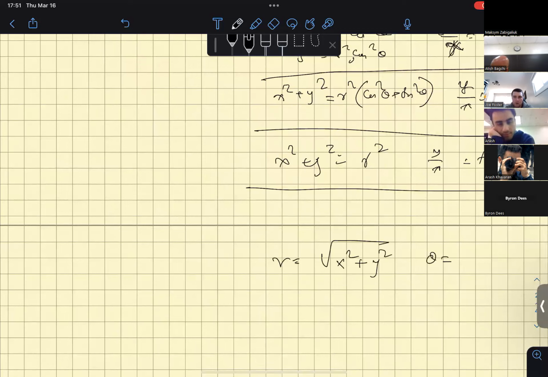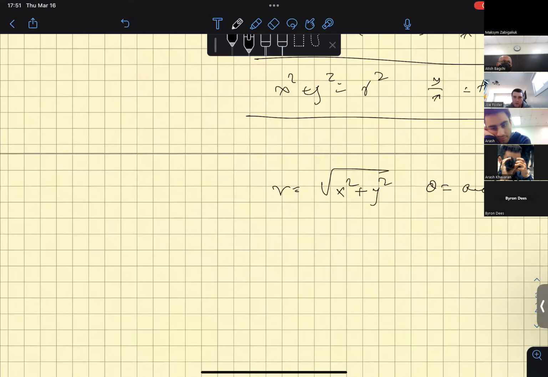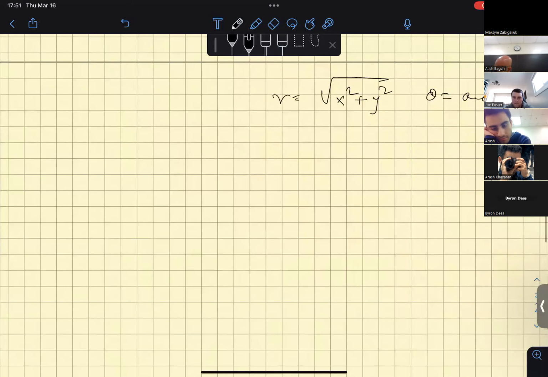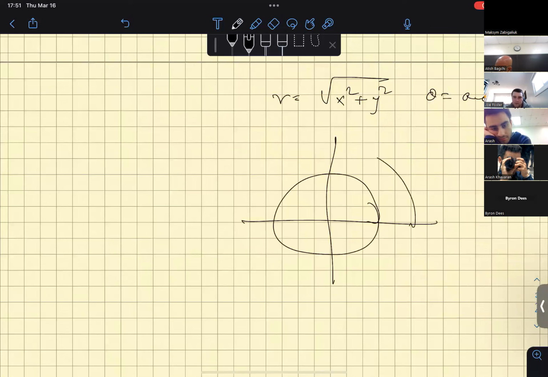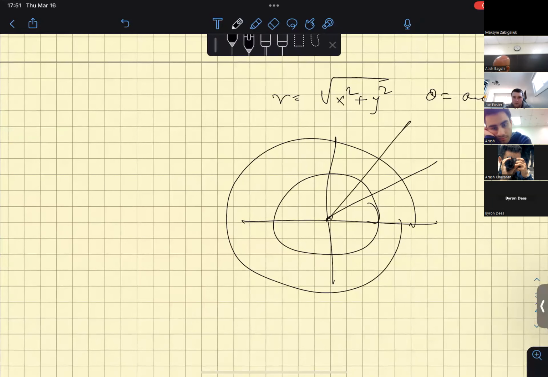And here theta is equal to arctangent of y over x. If r is constant, that means x squared plus y squared is constant, so the grid lines over here are simply circles. And theta equal to constant means that you have a straight line, so these spokes.